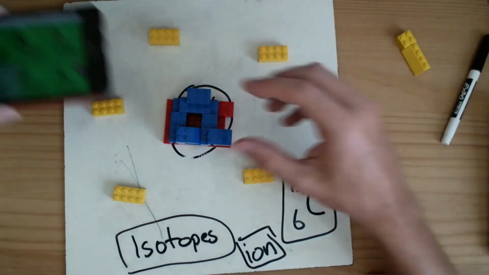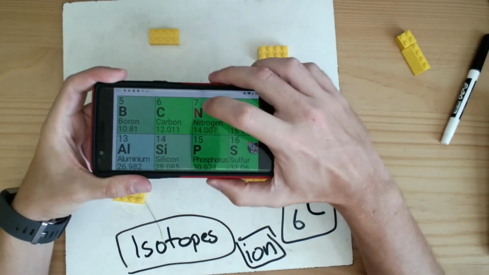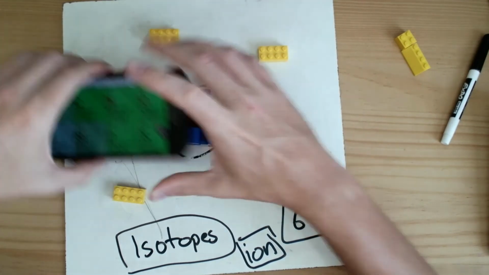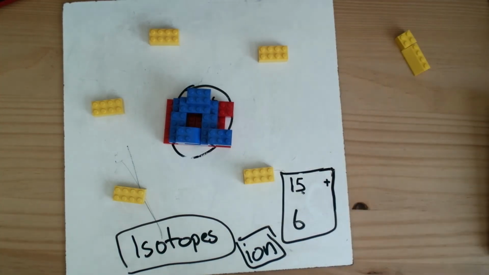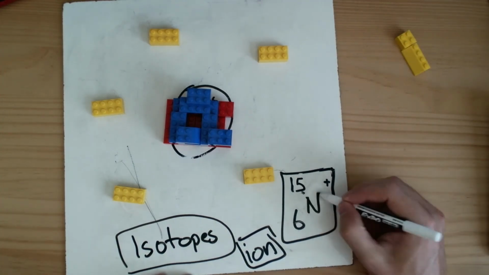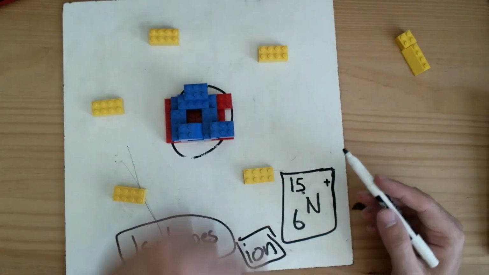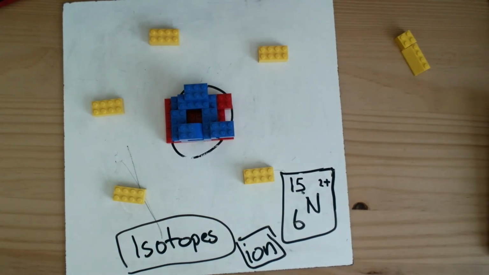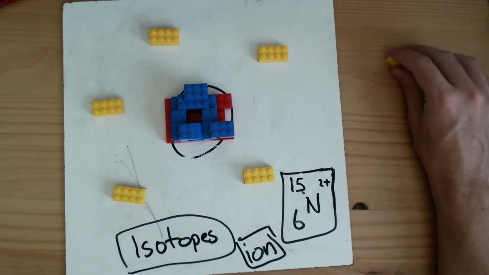So if I go over to my periodic table, I can see that something that has 7 protons is no longer carbon. I've now changed this thing to nitrogen. So if I was to go ahead and make that change here, I have nitrogen with 7 protons. I still have 5 electrons. So this is going to be nitrogen with 2 positive. It's more electropositive than it was before because there's more positive things than there are negative things.